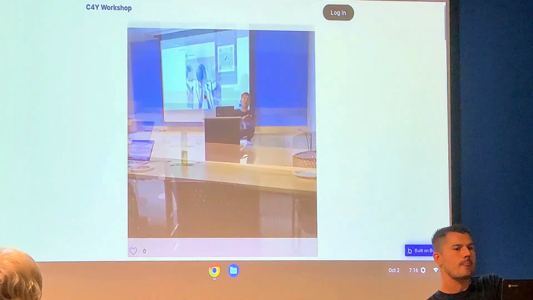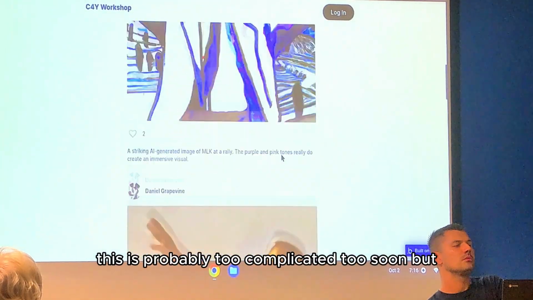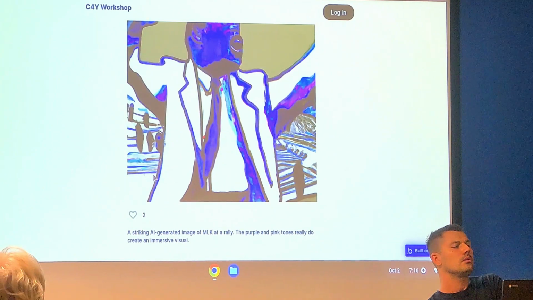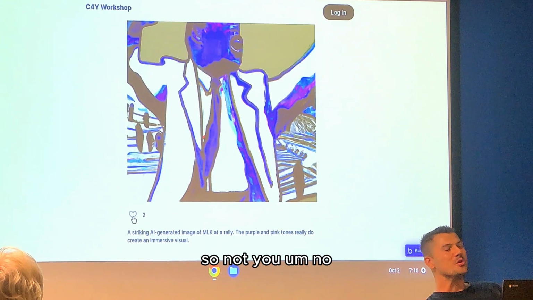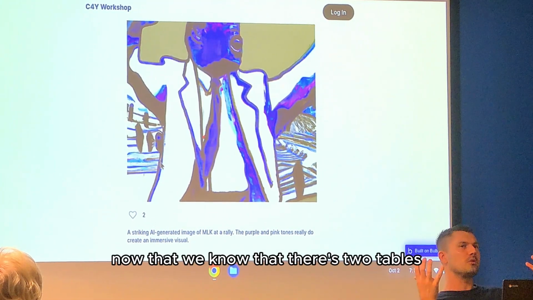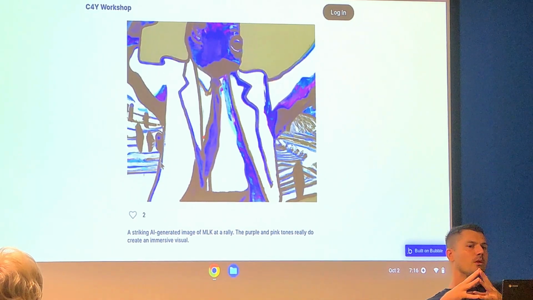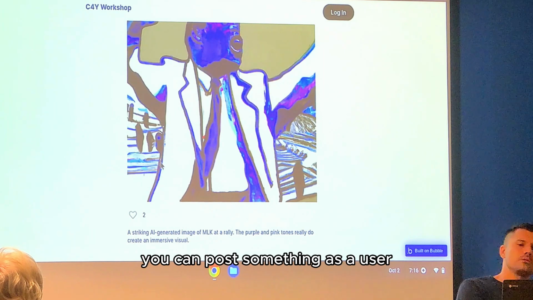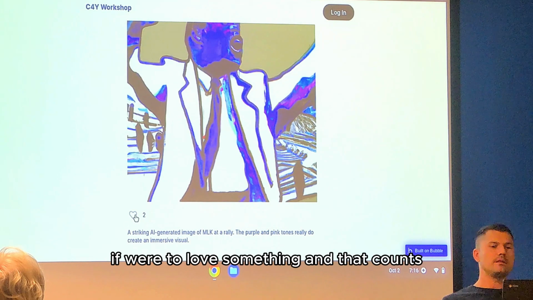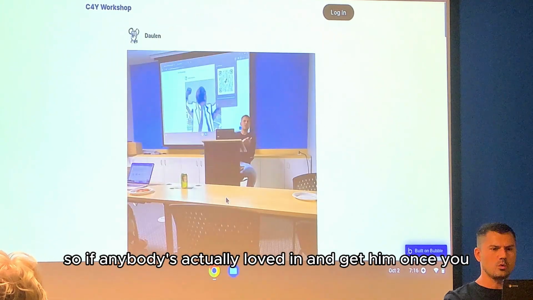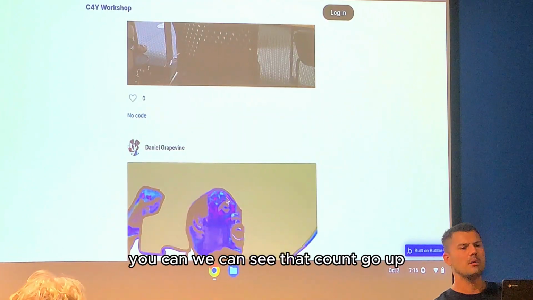Additionally, this is probably too complicated too soon, but does anybody who hasn't done this before know, now that we know there are two tables, just to build this kind of Instagram-type app, you can post something as a user. If I were to like something, if I were to love something, and that counts, so if anybody's still logged in and wants to like something, you can, and we can see that count go up.